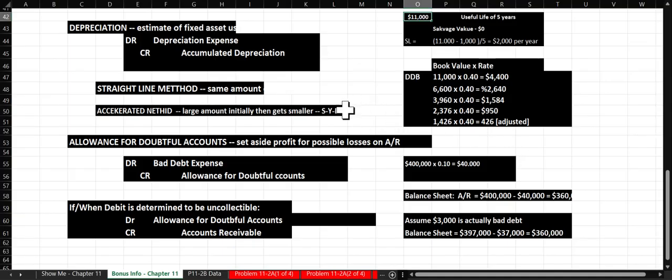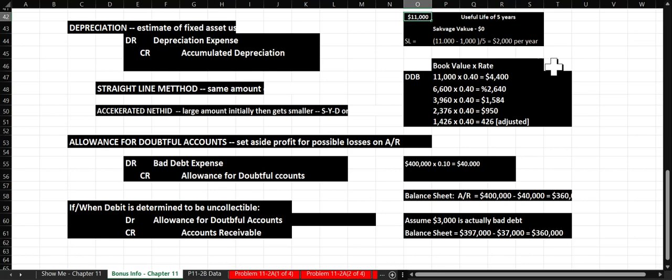The other method is an accelerated method where you take large amounts in the early years and then it gets smaller. This is usually the method used by businesses on their tax returns, even if they're using the straight line on their financial statements.